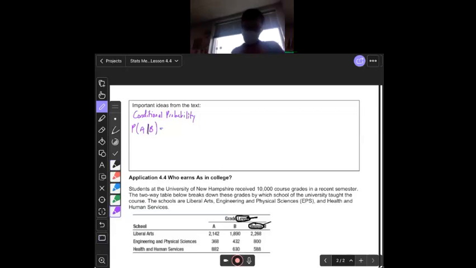How do you read that notation? So that's the probability of A given that B occurs.